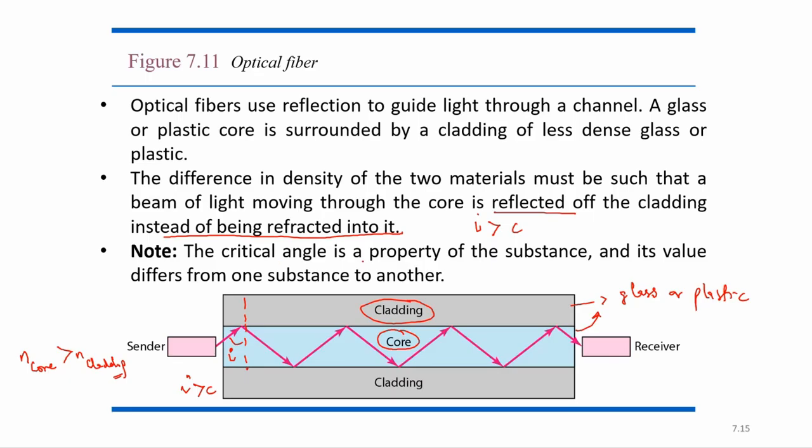Note that the critical angle is a property of the substance and its value differs from one substance to another. The refractive index is defined for a particular type of material. If a different material is there, its refractive index will be different.